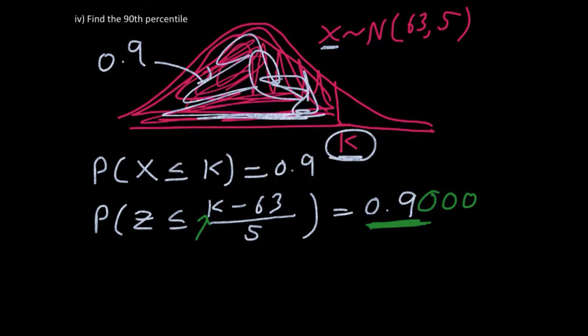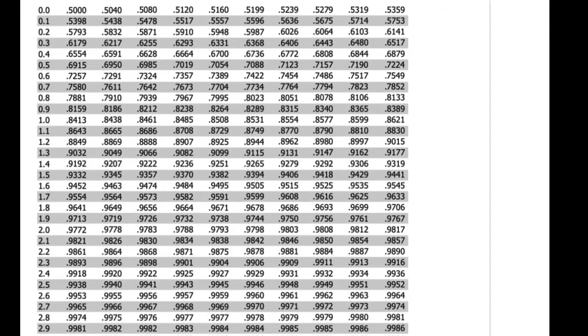0.9000. Let me go to the z table. Okay, this is the z table. Now we need to find 0.9000. 0.9000 is not here, but we know 0.9000 should be in between these two numbers and closer to this number.